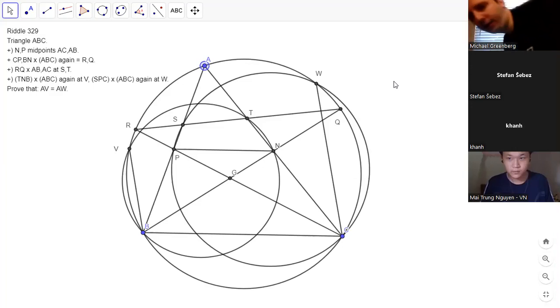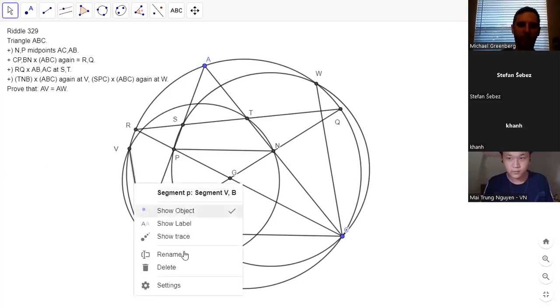All right, thanks for waiting. We want to show these two angles are equal. Or we could try to show ACV and ABW are equal. Doesn't have to be this point necessarily. So I'm going to delete these.